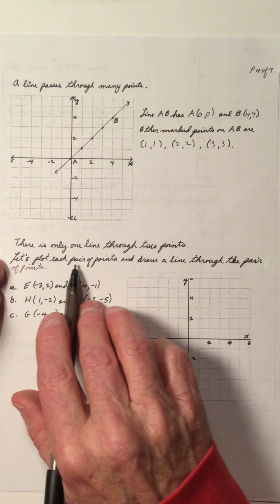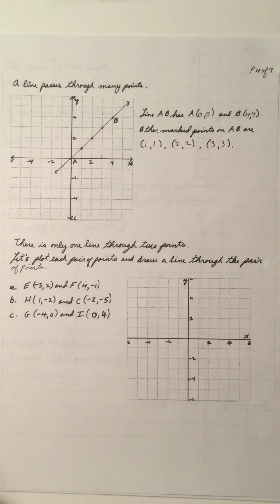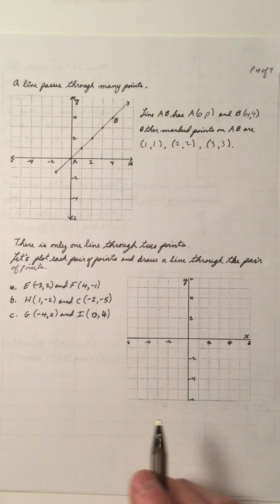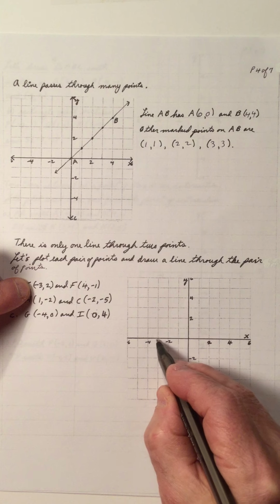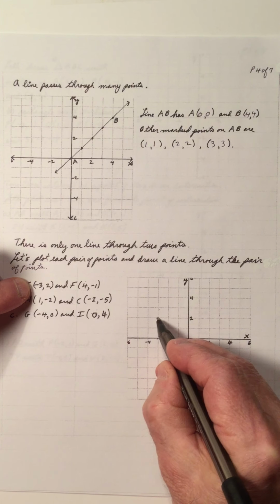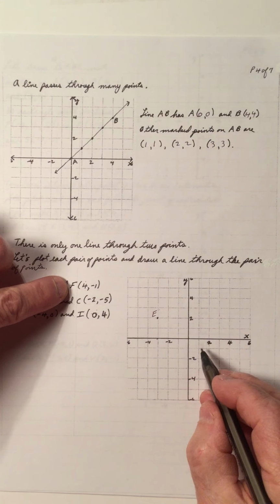Let's plot each pair of points and draw a line through the points. So I need my ruler. Okay, let's plot the points. E is negative 3, 2. X is negative 3, so it's 3 to the left. Y is 2. So there's E. F is 4, negative 1.